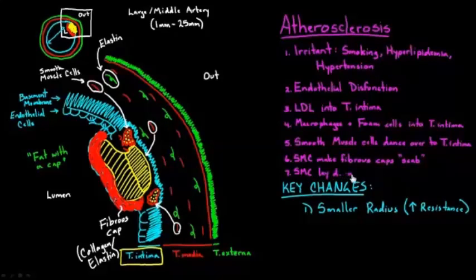So when I say lay down, what does that mean exactly? What are they, bricklayers? What I mean is that these cells are actually going to start pretending in a way that they are making bone. And actually, the dead foam cells create this little micro environment where these smooth muscles start thinking, oh my gosh, maybe I should lay down some calcium.